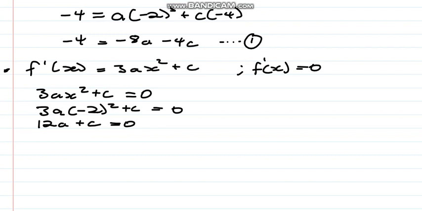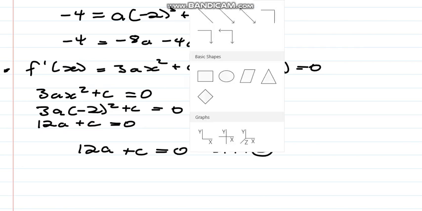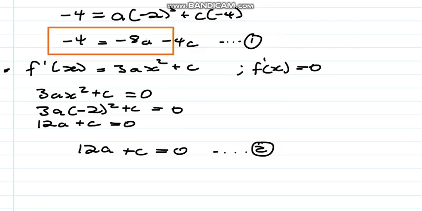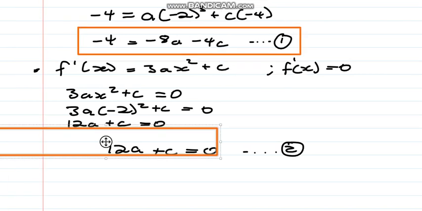I don't know how you would like to write it, depending on how you want to solve it. So 12a plus c is equal to 0. Now, these are your two equations that you can solve using simultaneous equations.